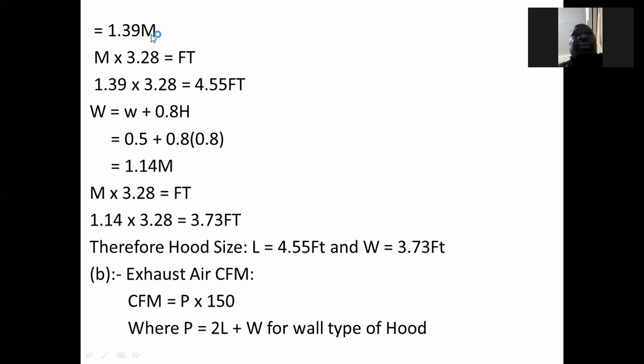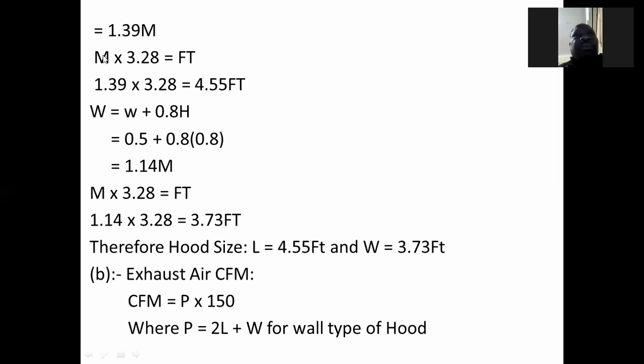So next you have to convert that meter into feet, because the unit of the quantity or discharge of air is CFM, which means cubic feet per minute. So in order to find cubic feet per minute, this meter has to be converted into feet. So 1 meter is approximately 3.28 feet.